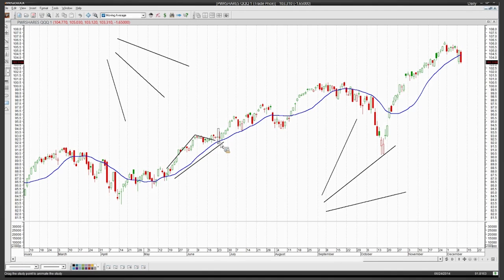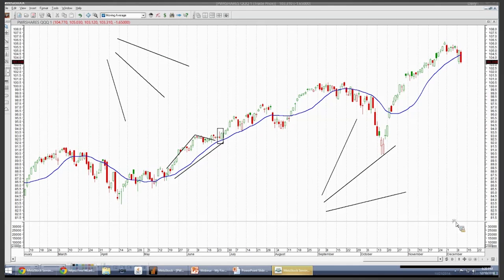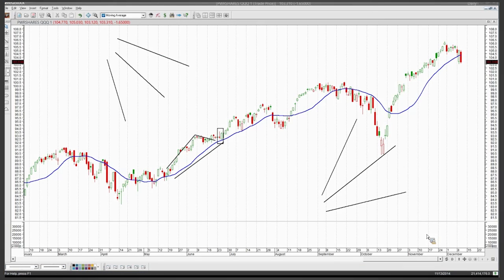And I'll zoom in for you in a second, but that's it right there. Okay, so the way you want to look at this, there's two different things here. There's a trade setup and there is a trade trigger.